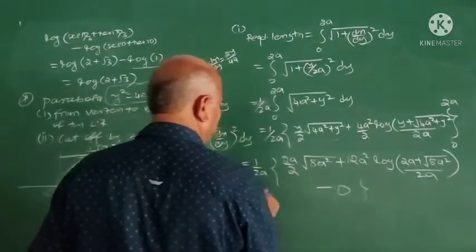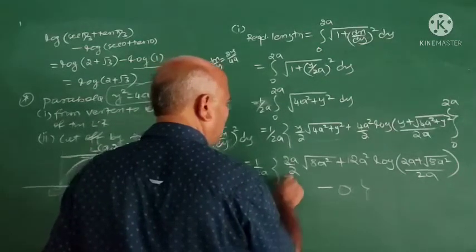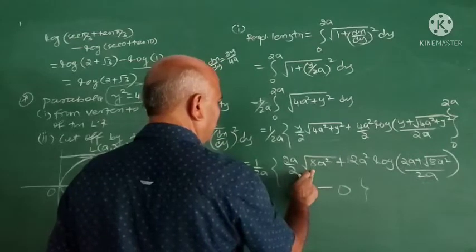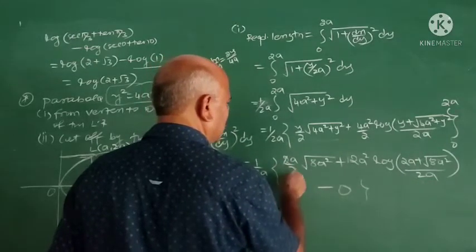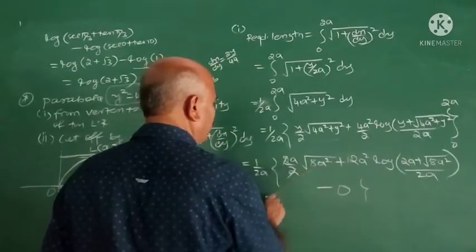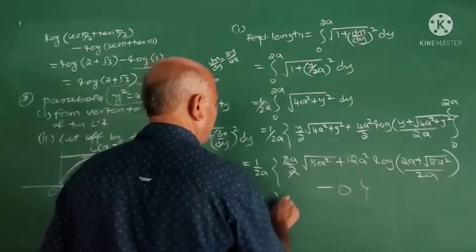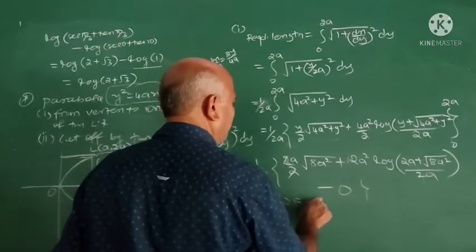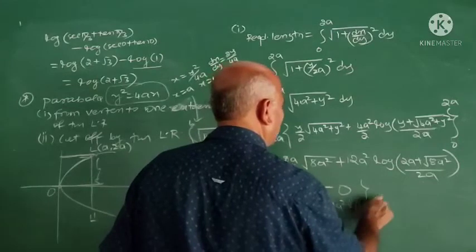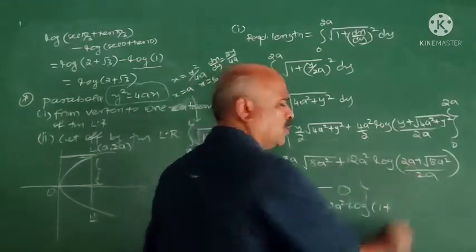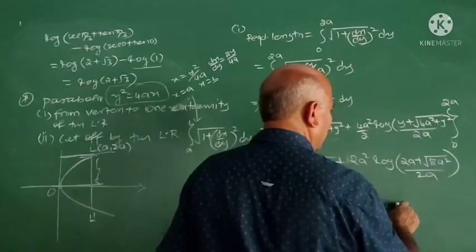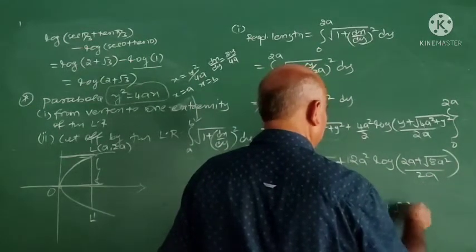Therefore cancel 2a. What do you get? 1 upon 2a cancels. We get root 8a square. This 2 cancels, and 8a square means 2 root 2a. Therefore 1 upon 2a, 2 root 2a plus 2a square into log of 1 plus, because 2a by 2a is 1, 8a square is again 2 root 2a, therefore root 2 remains.